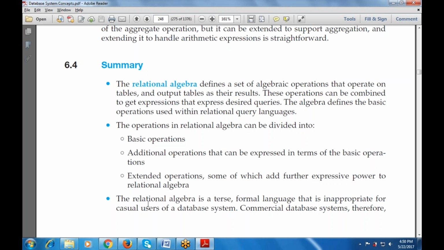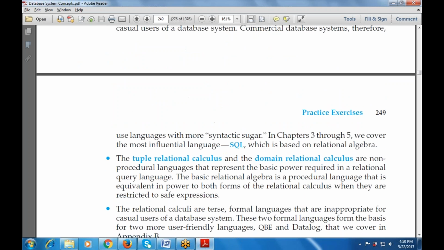Commercial database systems therefore use a language with more syntactic sugar, influenced by SQL, which is based on the relational algebra. There are two parts here: the tuple relational calculus and the domain relational calculus, which are non-procedural languages that represent the basic power required in a relational query language.